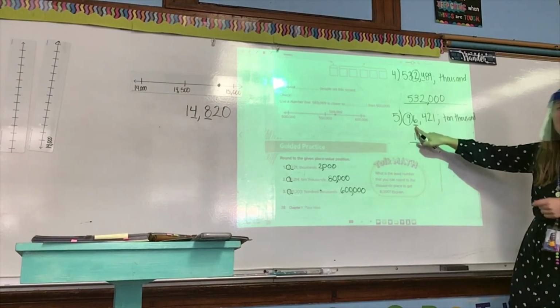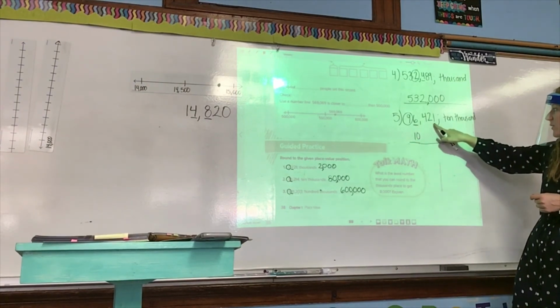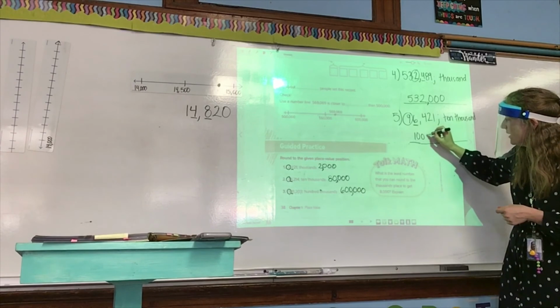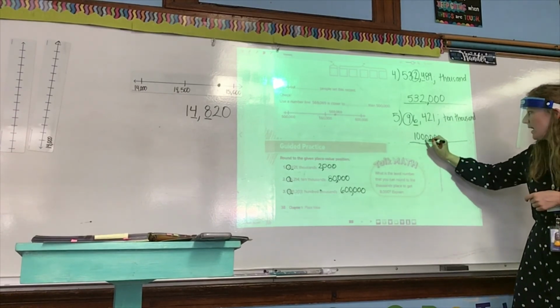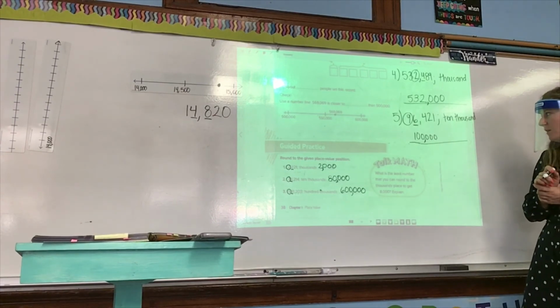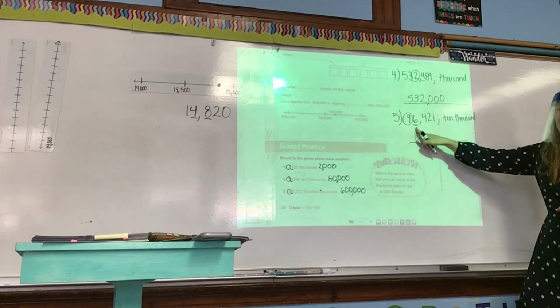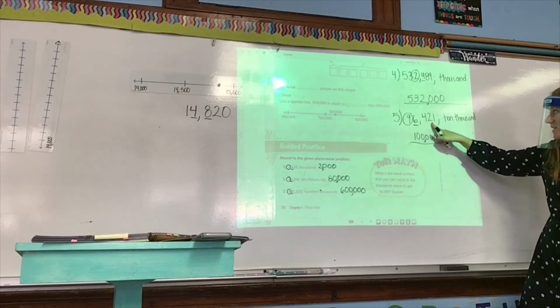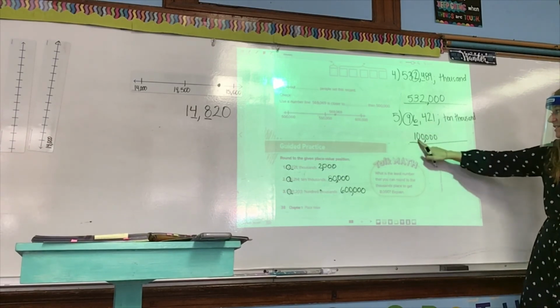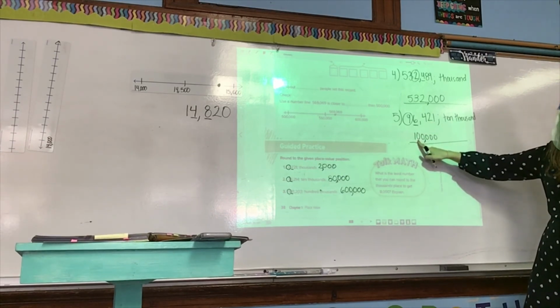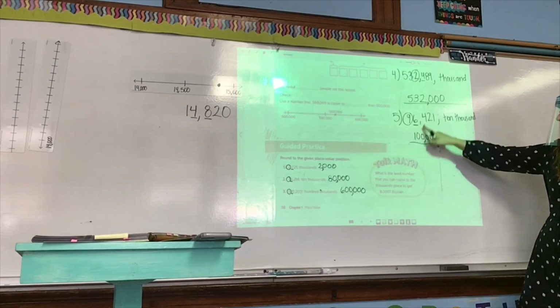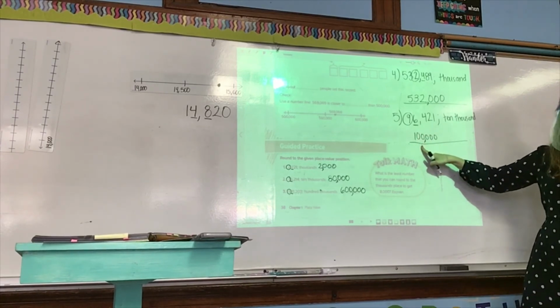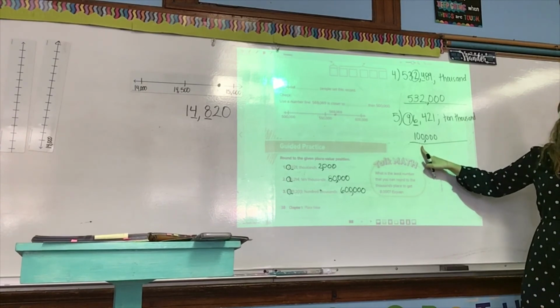So I still have to add 1, 2, 3, 4 zeros. Then I put my comma every third digit. So that means 96,421 rounded to the nearest 10,000. Well, there isn't anything in the 10,000s place. 96,421 rounded to the nearest 10,000 is actually 100,000.